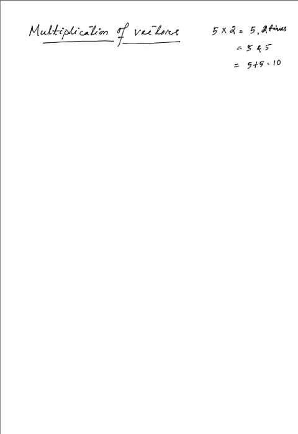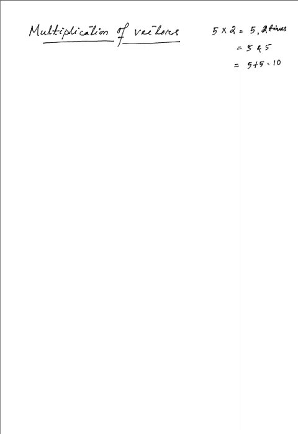But in case of vectors, with them possessing another thing other than just the magnitude, that is direction, we need specific rules for multiplying them.